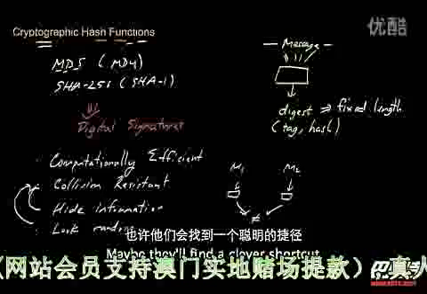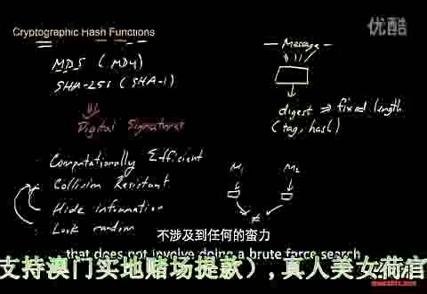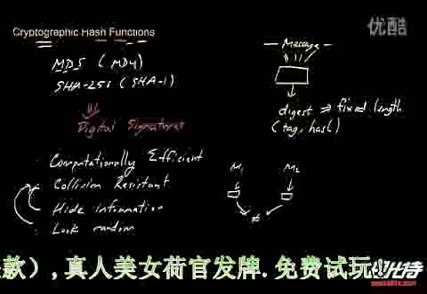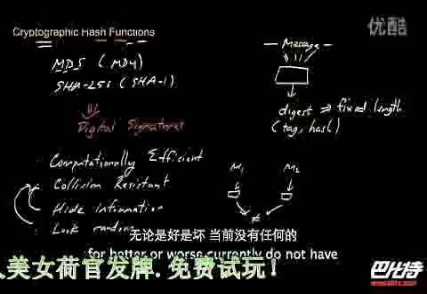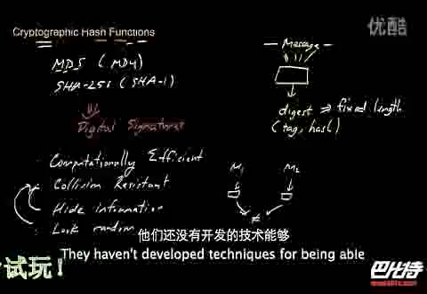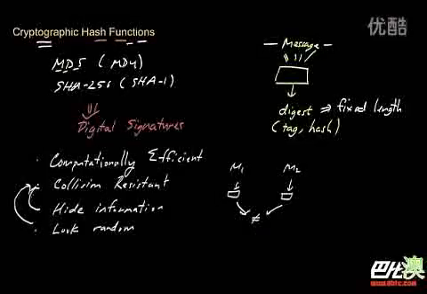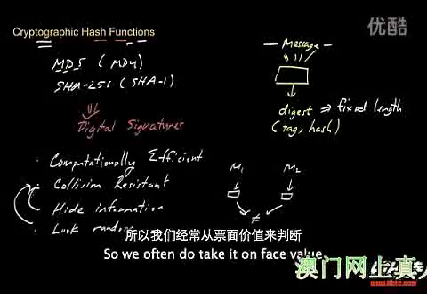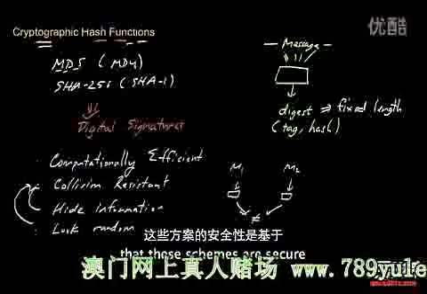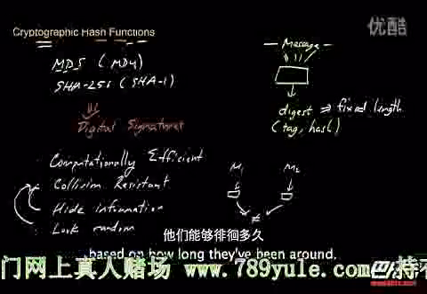Maybe they'll find a clever shortcut that does not involve doing a brute force search of any sort. It turns out that cryptographers, for better or worse, currently do not have mathematical techniques to work around some of these limitations. And so we often take it at face value that these schemes are secure based on how long they've been around.